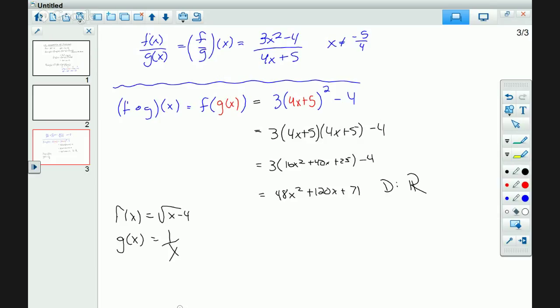Let's do f of g of x. We're putting this one in there. What's the domain?